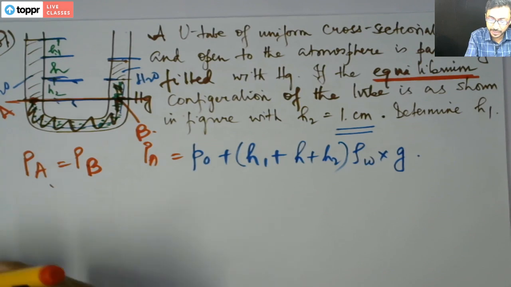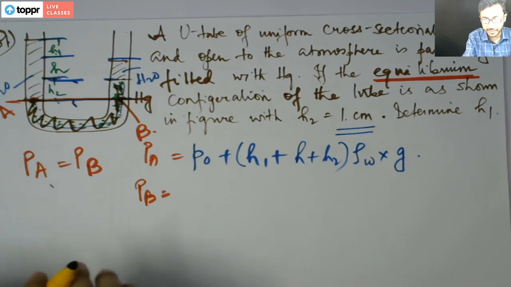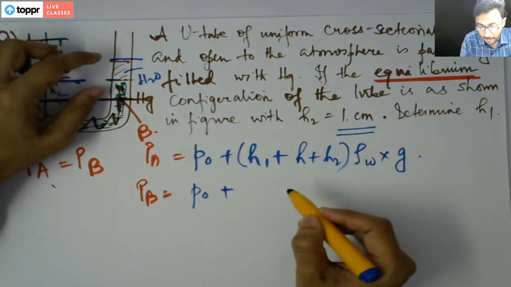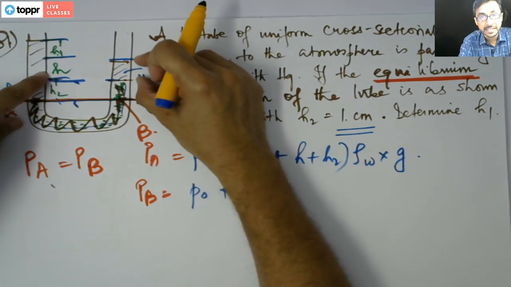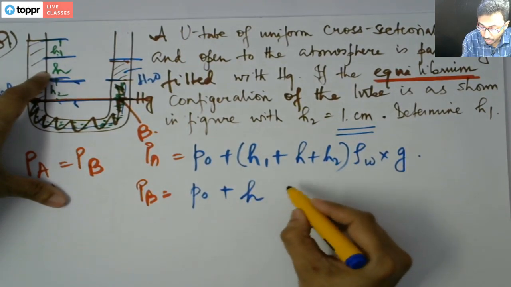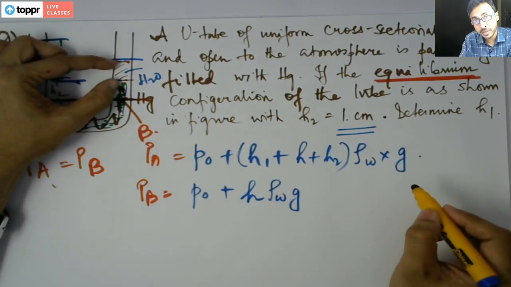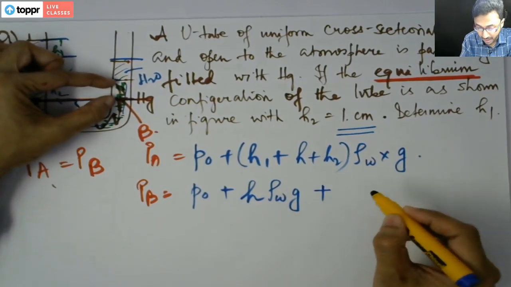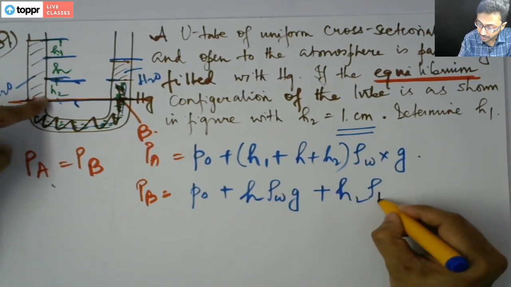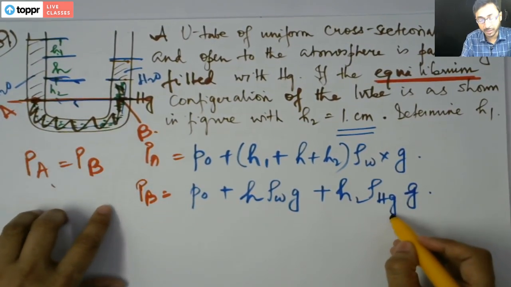And what is pressure B? Pressure B is P0, atmospheric pressure, plus this height, which is nothing but h, rho of W into G, because this is the pressure by the water column, and this part, that is H2, rho of Hg into G. Hg means mercury.